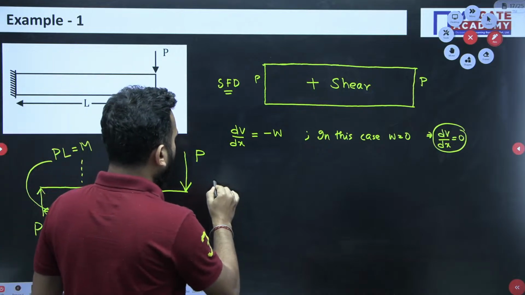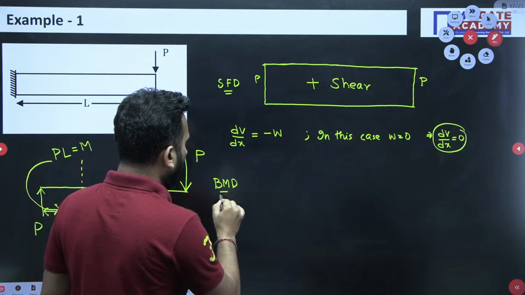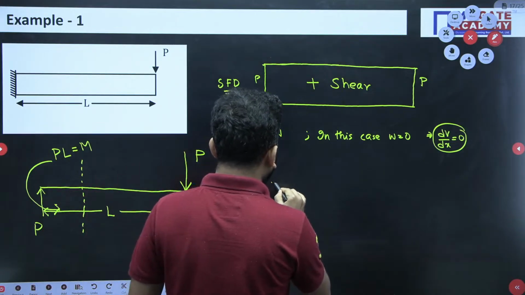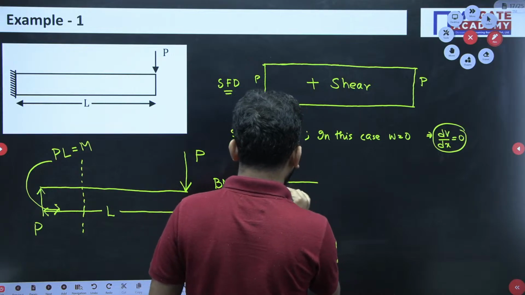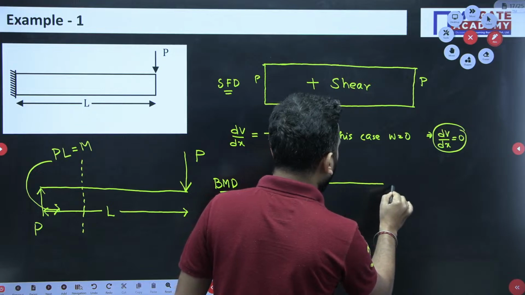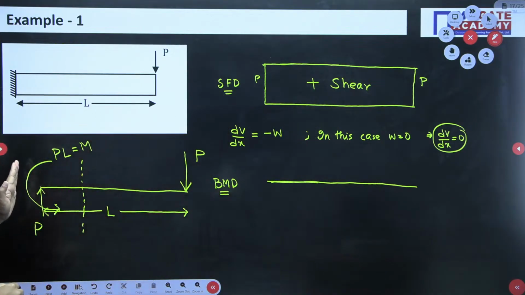Now let us quickly draw the BMD. This is the reference line I am drawing. Now see, my dear friends, we have to start from the left.